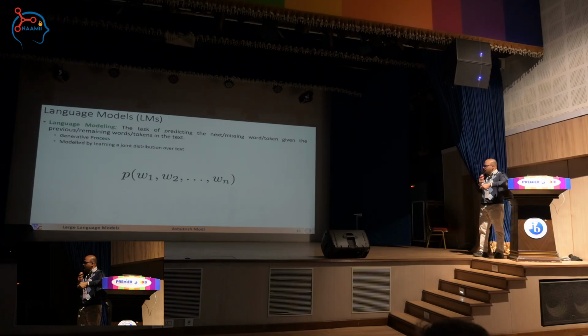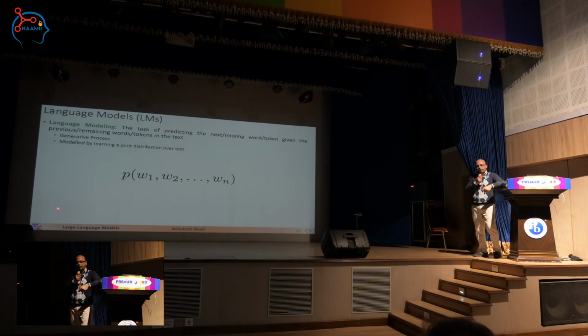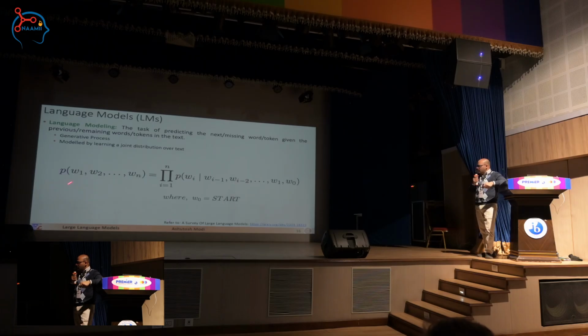As you can see, this is a generative process, because what you're trying to do is model a joint distribution over the entire sequence, W1 to Wn. And in fact, if you apply the chain rule over this, you can factorize this probability into a product of terms.